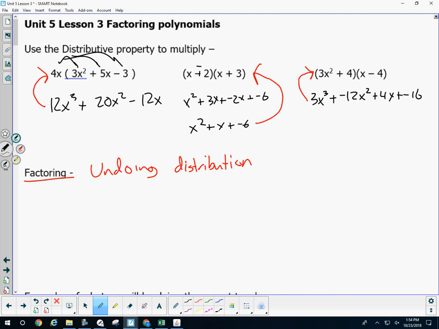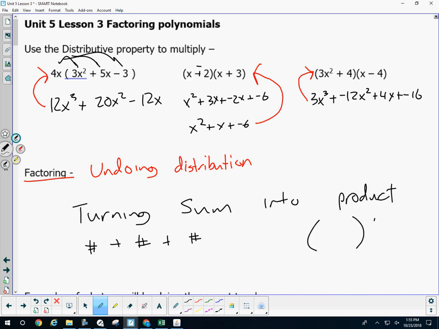When we factor, we make a sum into a product. Could be two things, could be three things, whatever.